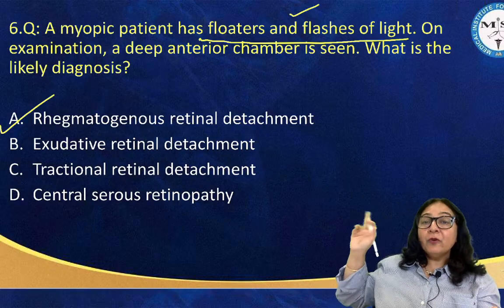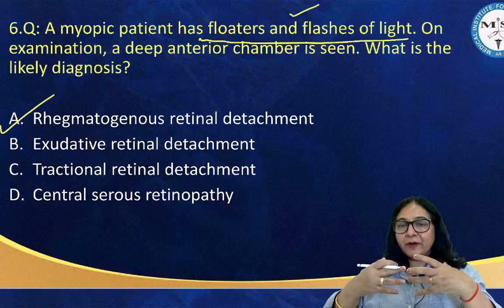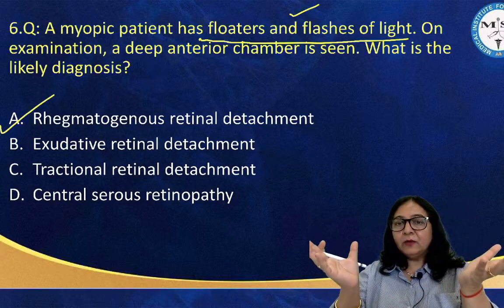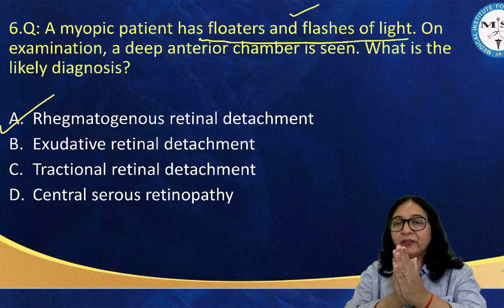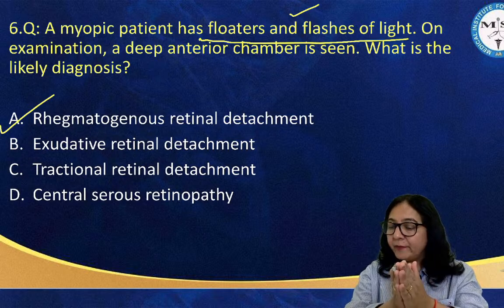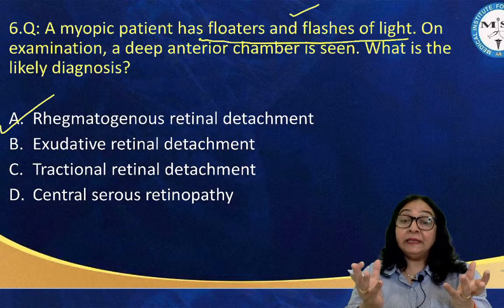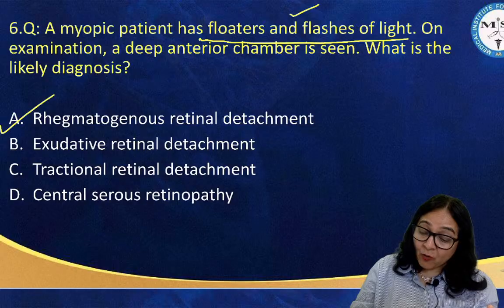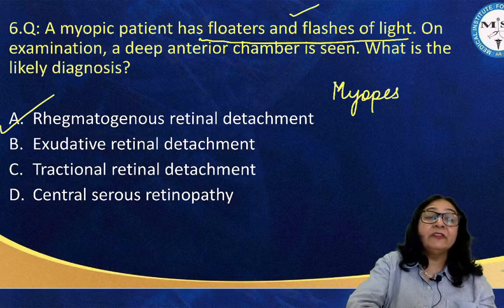Okay. So floaters and flashes of light, why have they mentioned deep anterior chamber? Because retinal detachments do not cause any changes in the anterior chamber per se. A bigger eyeball will have a deep anterior chamber, and it is your myopes who have axial lengths more than the average axial length.